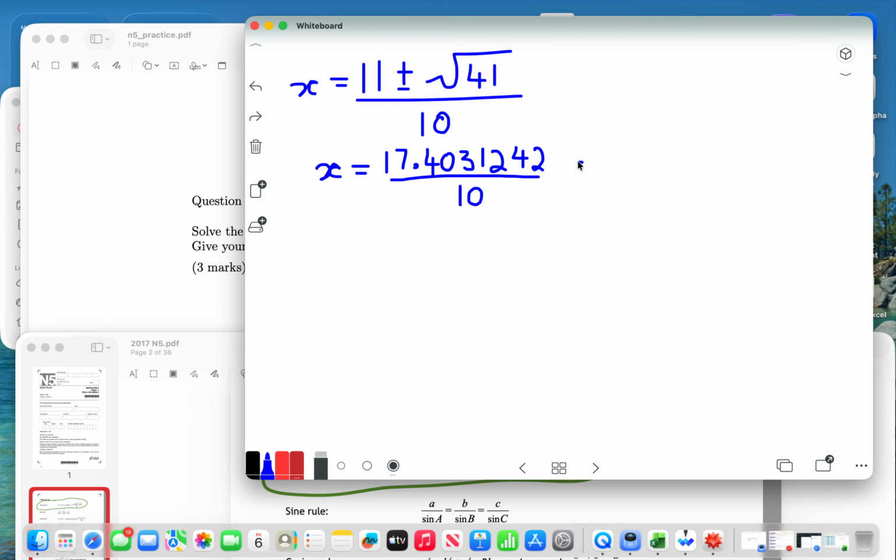Or alternatively, we can do 11 minus the square root of 41, and this would be 4.5968758 over 10.